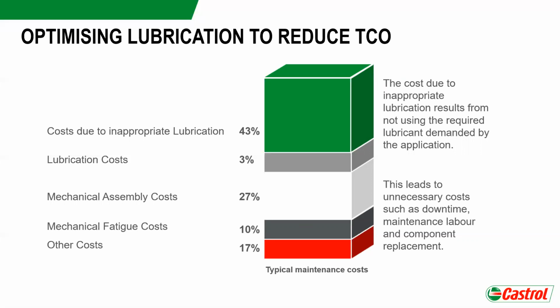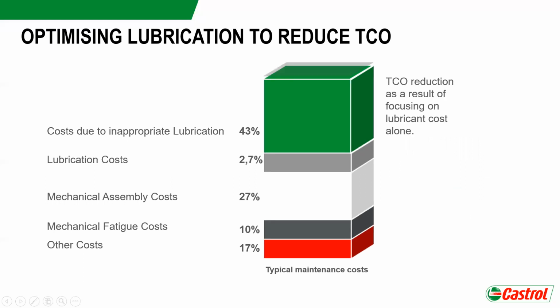So all of that is within that green section at the top of the stack chart, and it can be influenced by the grey section just below it, the cost of the actual lubricant itself. Other costs we cannot influence. There could be mechanical fatigue, assembly, etc. So next slide, please. Thank you.